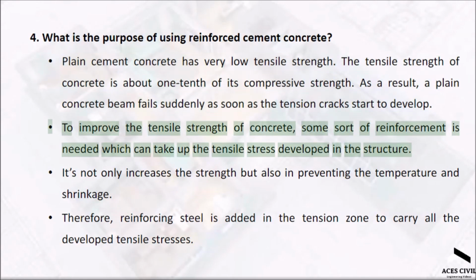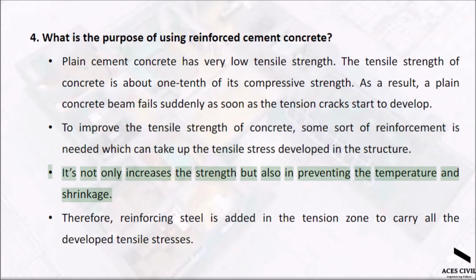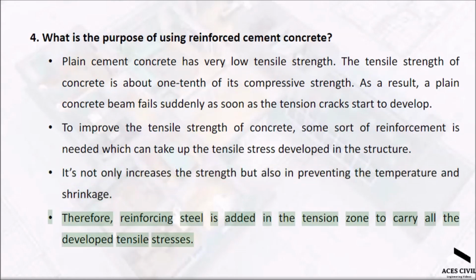To improve the tensile strength of concrete, some sort of reinforcement is needed which can take up the tensile stress developed in the structure. It not only increases the strength but also helps in preventing temperature and shrinkage cracks. Therefore, reinforcing steel is added in the tension zone to carry all the developed tensile stresses.